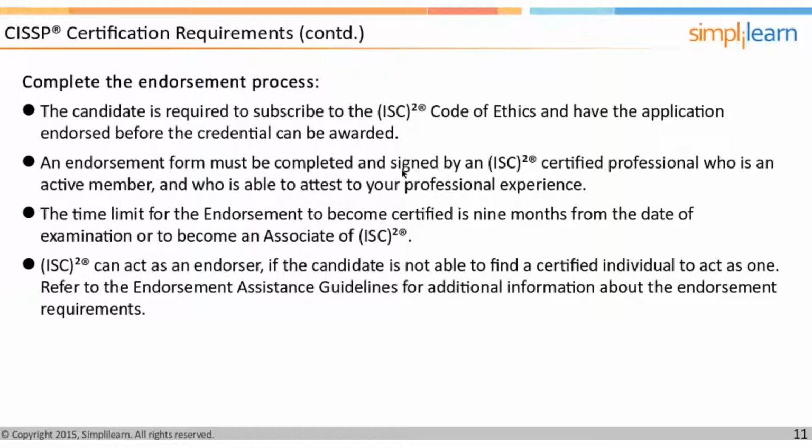So it's not so difficult. You just have to tell them, please endorse me, and they will do the rest. So no showstopper here. If you know somebody, get it done. If not, then just let CISSP know about that.